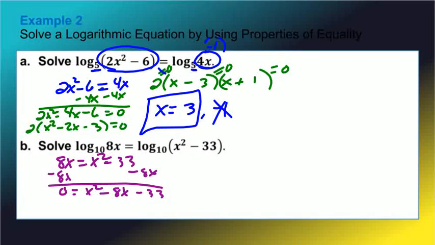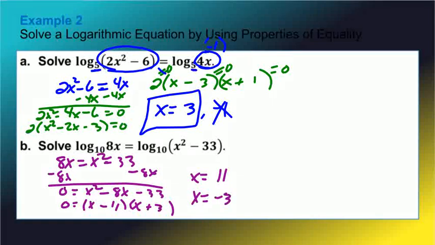Then factor. So I've got to think, what do I multiply to get 33, but add together gives me negative 8. So this would be minus 11 and a plus 3, because a negative 11 plus 3 is negative 8. I make them all equal to 0. x could equal positive 11, and x could also equal a negative 3.